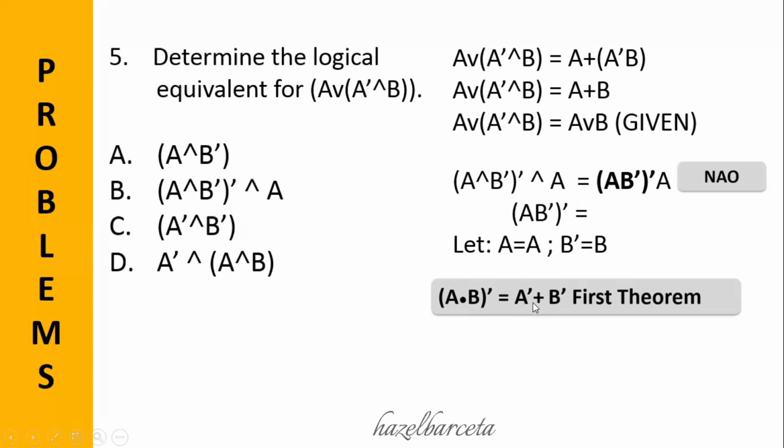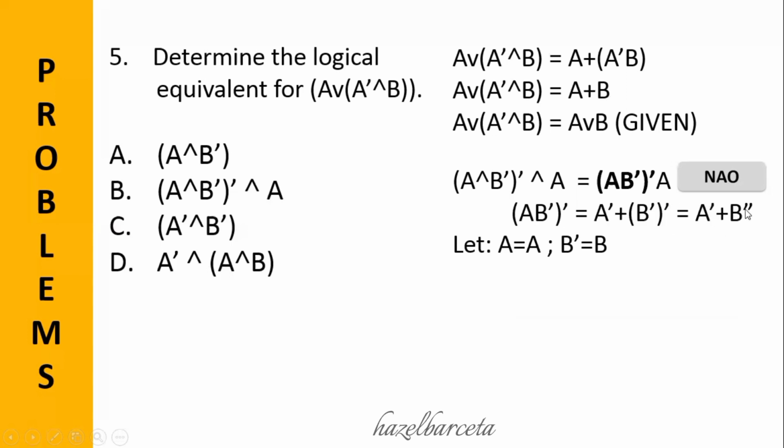So, ang mangyayari po ay A prime plus B prime. But our B is B prime, so this will be B double prime here. Okay? So, B double prime. And we have this law, complement law. A double prime is equal to A. Therefore, you write this one. This will be A prime plus B.